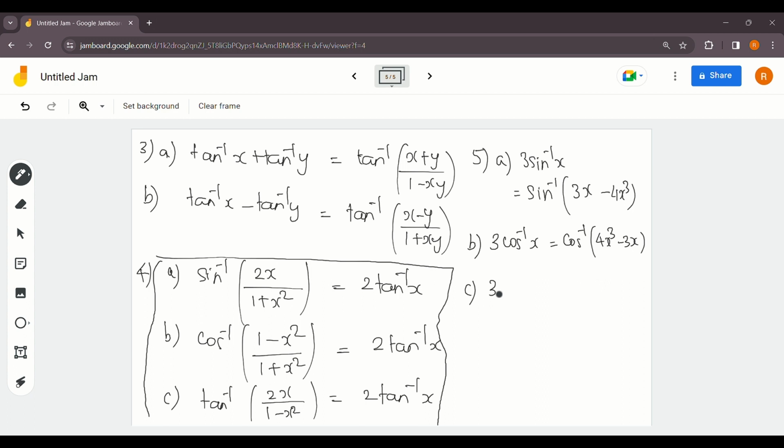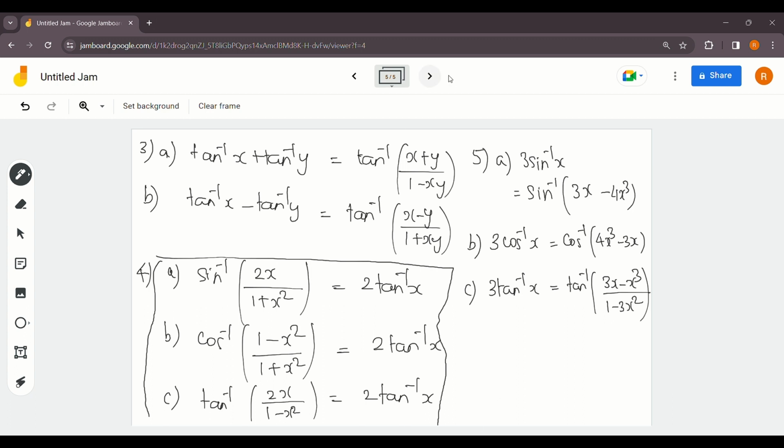Last, 3 tan inverse x equal to tan inverse of 3x minus x cube, whole divided by 1 minus 3x square. Okay.